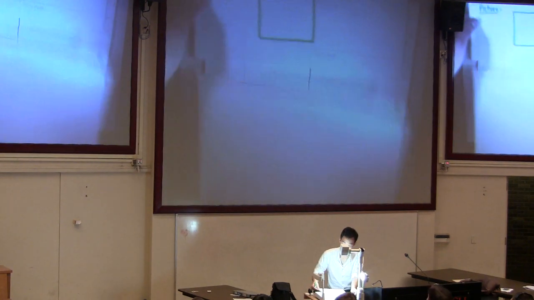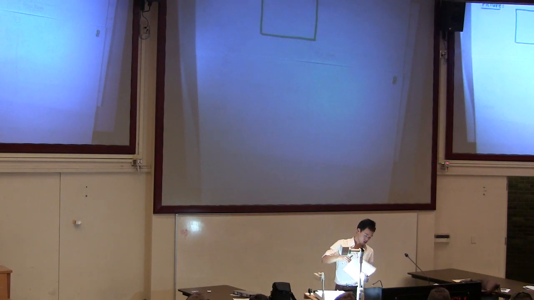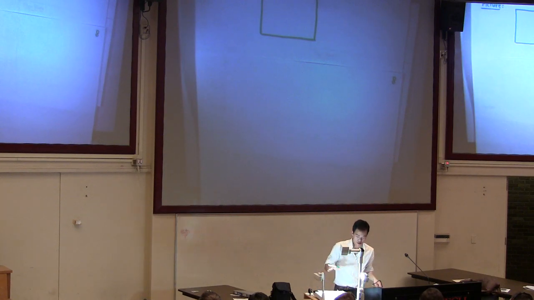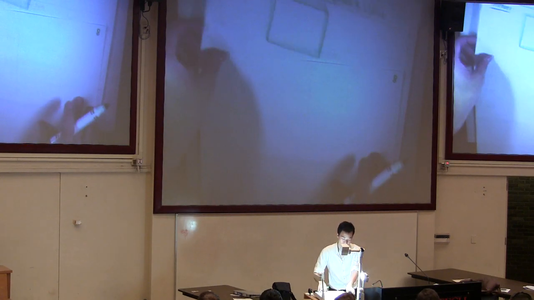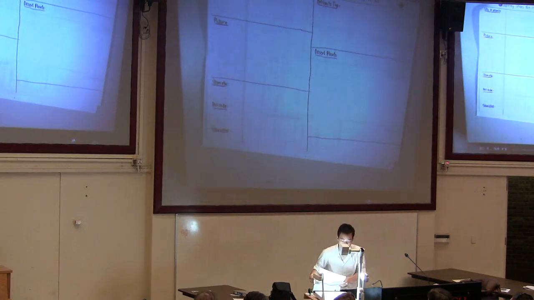Try to fit two pieces all at once. And on the right side, there's a box that says from bottom to top. So we're going to track the movement of carbon from the bottom to the top.